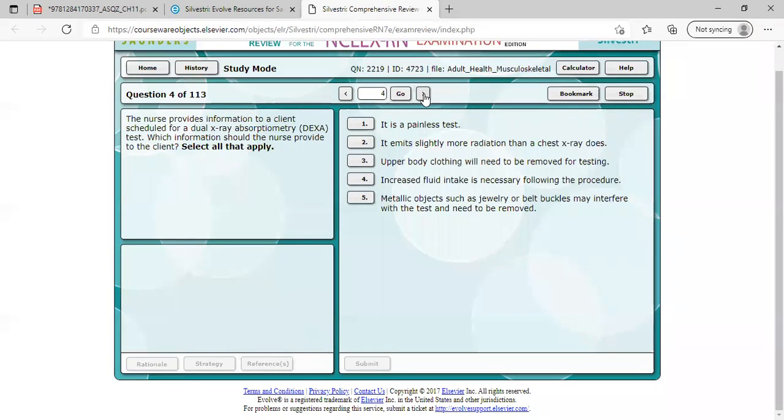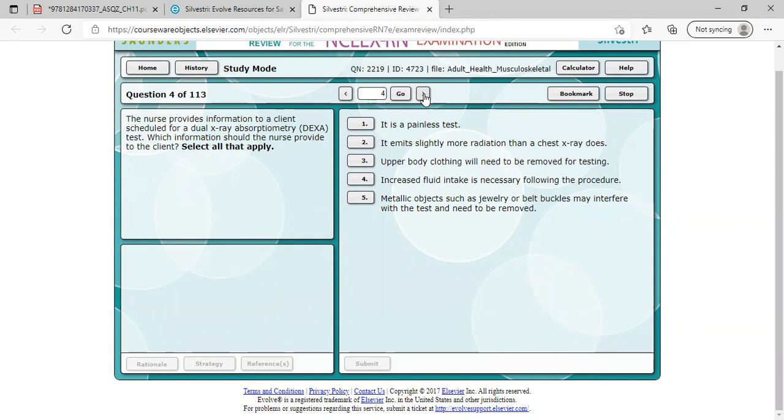Next question. So the nurse is providing information to a client scheduled for a dual X-ray absorptiometry, shortly called DEXA.